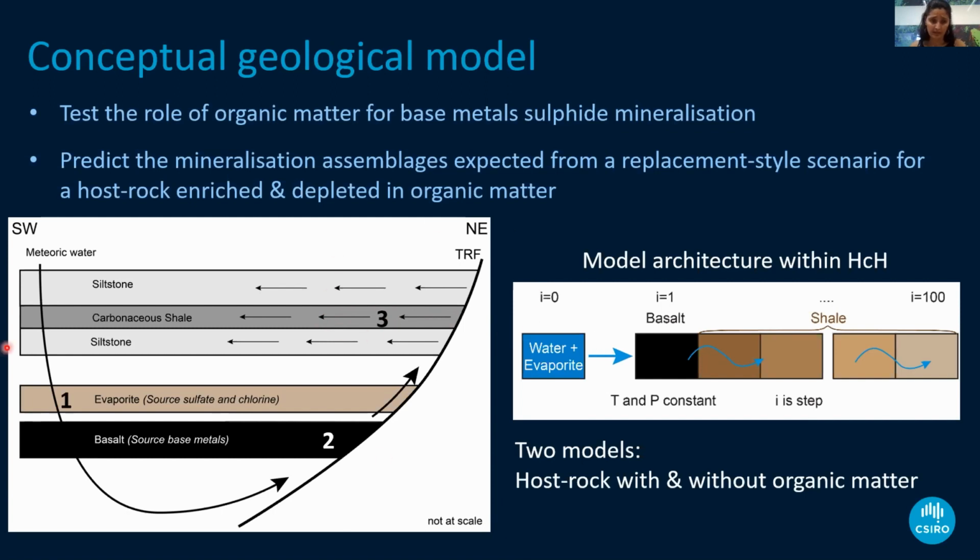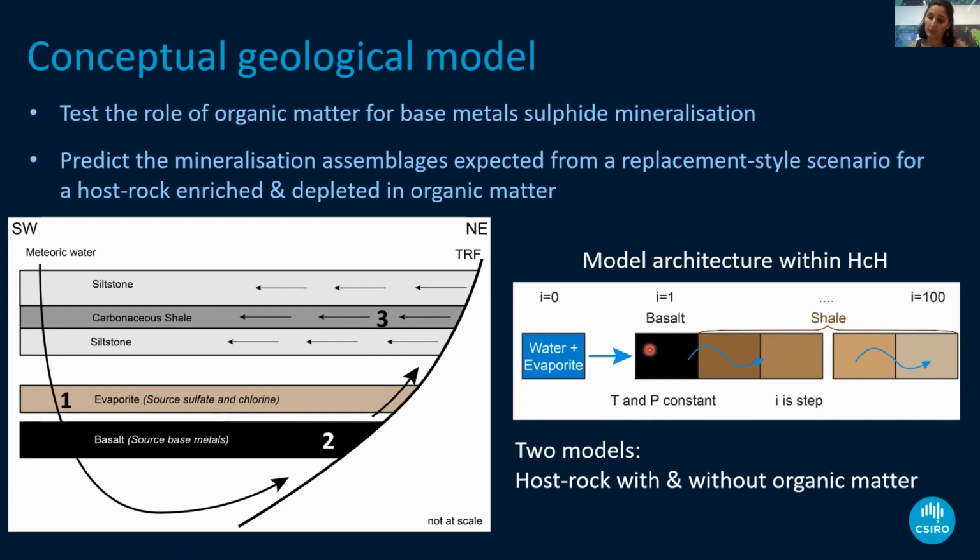So to test this scenario, we use HCh, and this is the model architecture we decided to take. So we have first the water interacting with the evaporite bearing sequence. We then take the resulting fluid composition, and we then pass it through a starting point for that chemical equilibrium calculated in that basalt block.